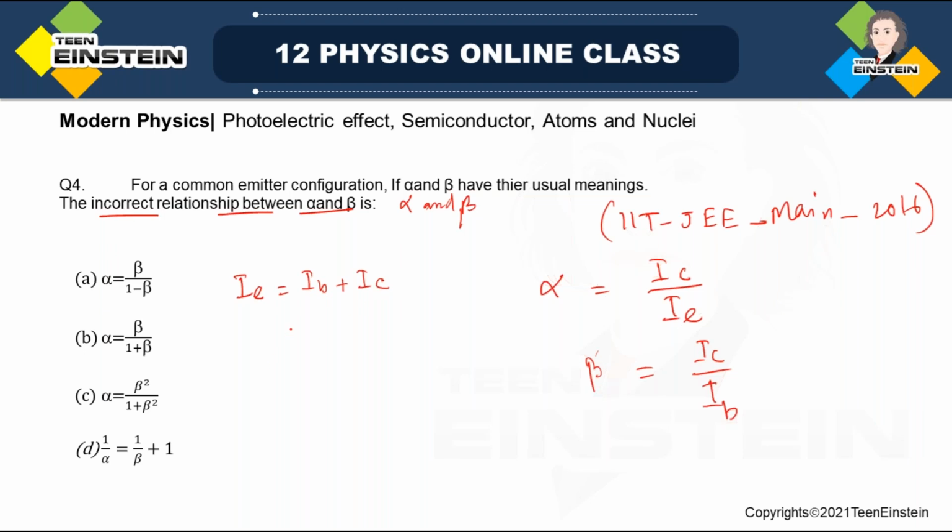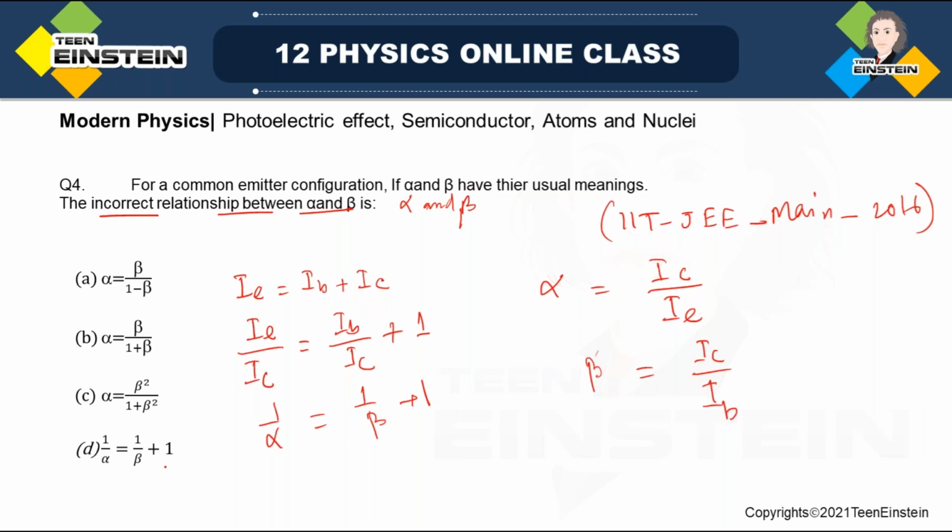So we can divide both sides by IC. Look, IC by IE is alpha, so this will be reciprocal. Here also IC by IB means beta, so this is also plus 1. Now we have got this.